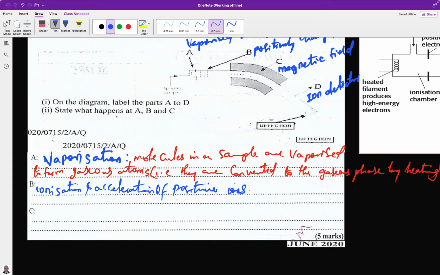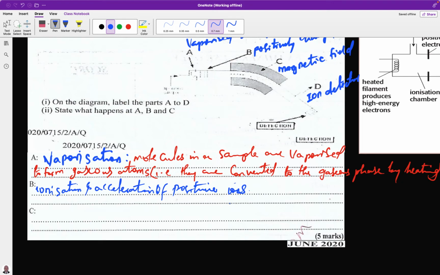By just studying ionization and acceleration of positive ions, you already have the marks. So as I've just said, the gaseous atoms are converted to positive ions, then accelerated towards the negative plate, with lighter ions accelerated most.